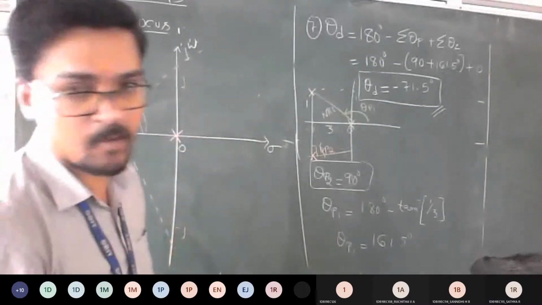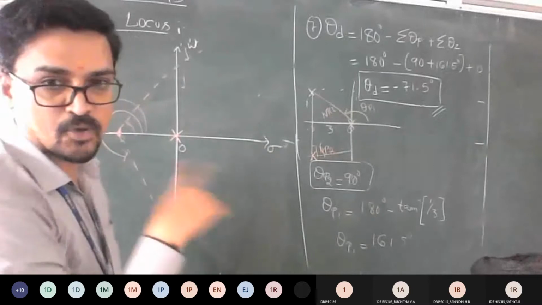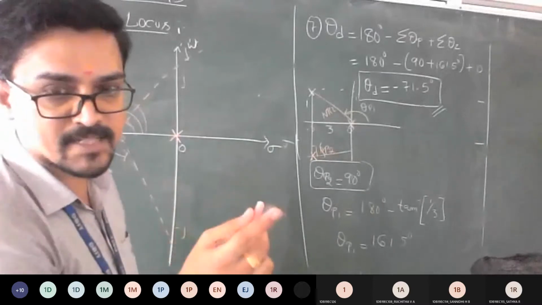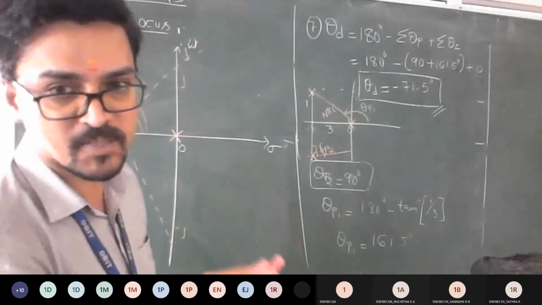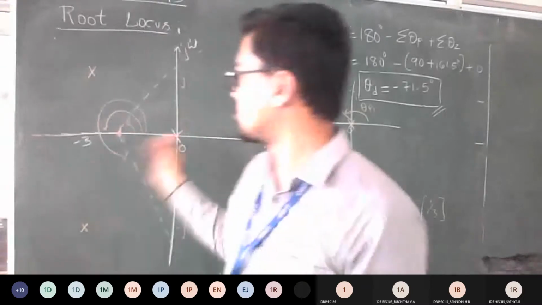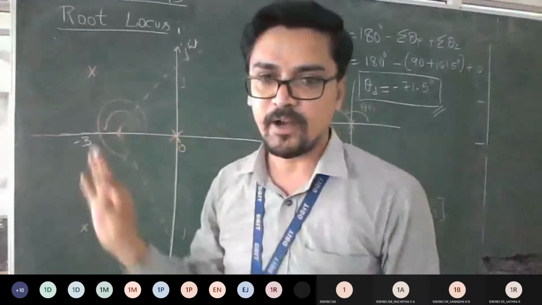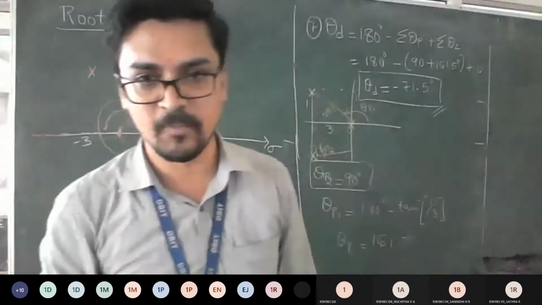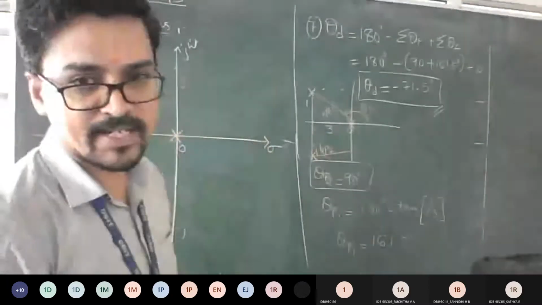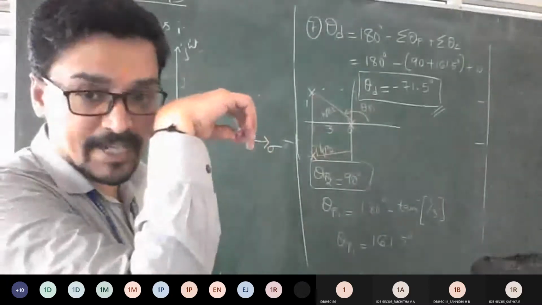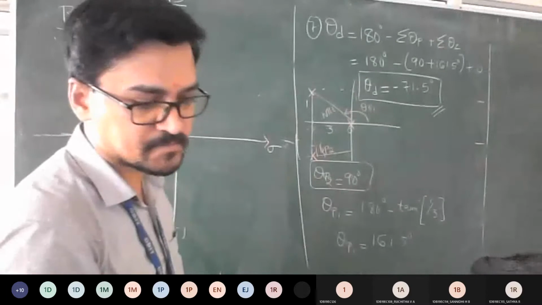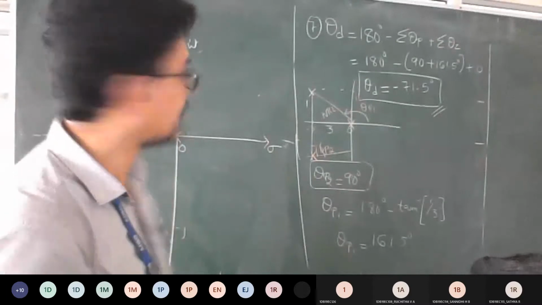Then comes your breakaway point. As I said, there is no root locus line, right? So you got 2 answers, minus 2 point something, minus 1 point something. Since there is no root locus on this, you can exclude the breakaway point. No need for any breakaway point. Then comes your intersection point. What are the answers you got? Plus 3.16j.